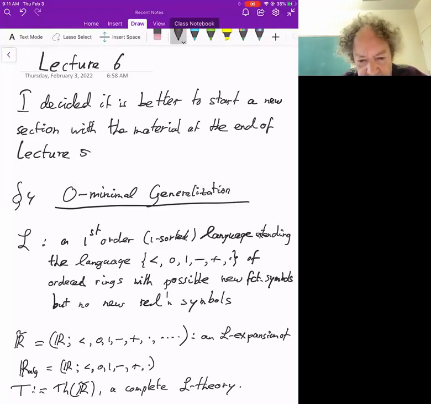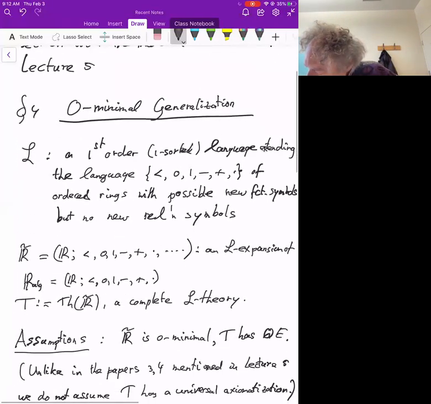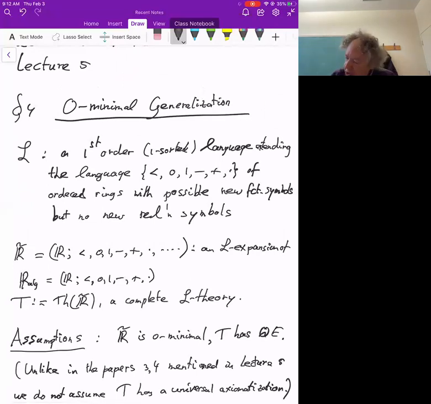Of course, the language of ordered rings has less-than as a relation symbol, but there will not be any others. And then we will also fix a structure R tilde, which is an L-expansion of the ordered field of real numbers.